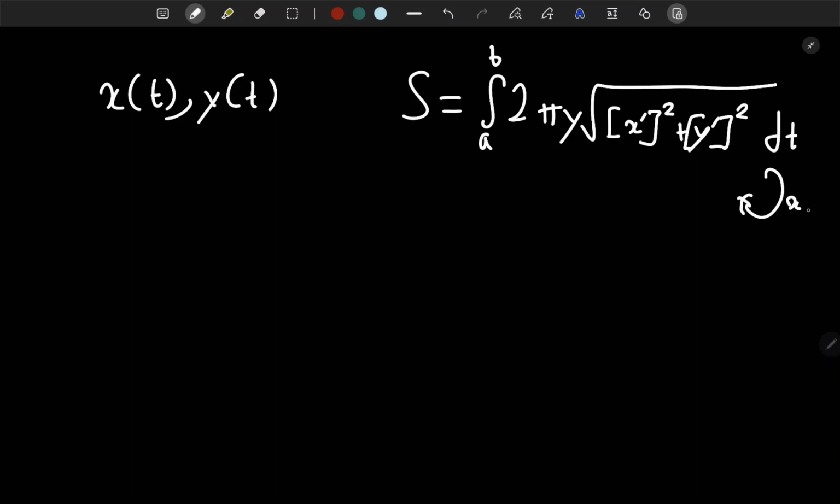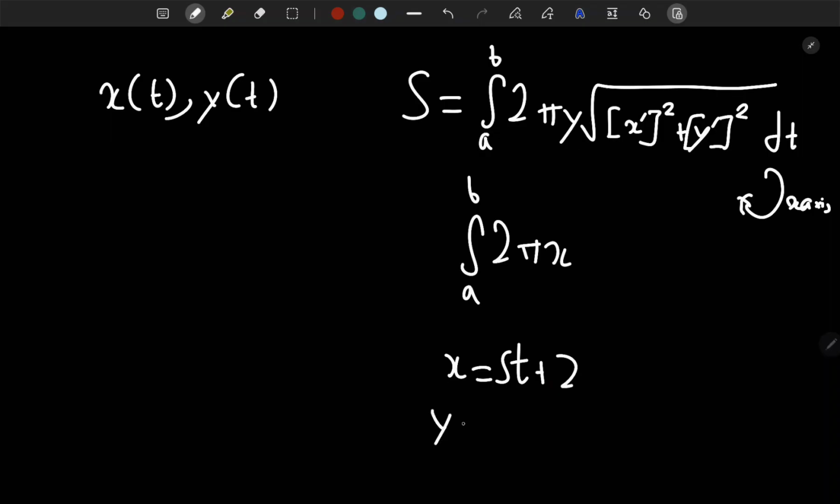So we have another formula which is the exact same thing, except that the function will be x. So let me just quickly write it down. From a to b, 2 pi x, so our function itself would be x. So x is equal to, let's say, 5t plus 2, or if you're given y, it will be y is equal to negative 3t or something like that.